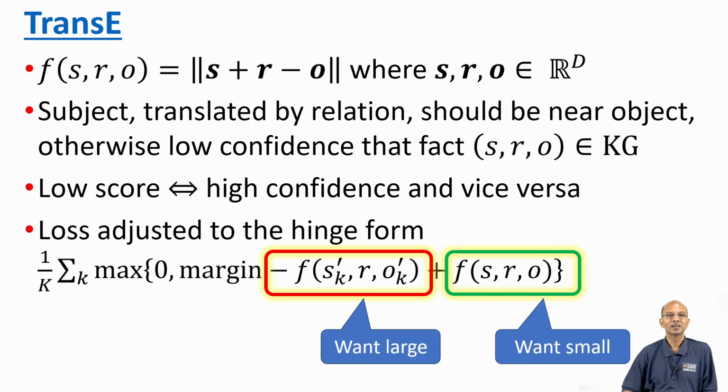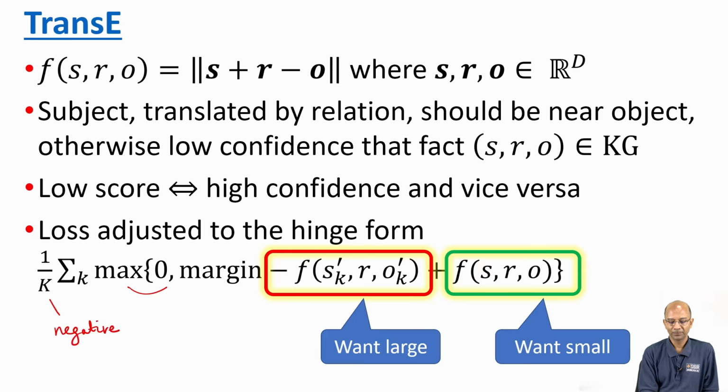In words, the subject translated by the relation should be near the most promising object. Otherwise, we will have low confidence in the proposed fact SRO being actually in the KG. So low score is high confidence and vice versa. The loss polarity has to be then adjusted to the same hinge form. So we would take K negative samples and have the earlier hinge loss.